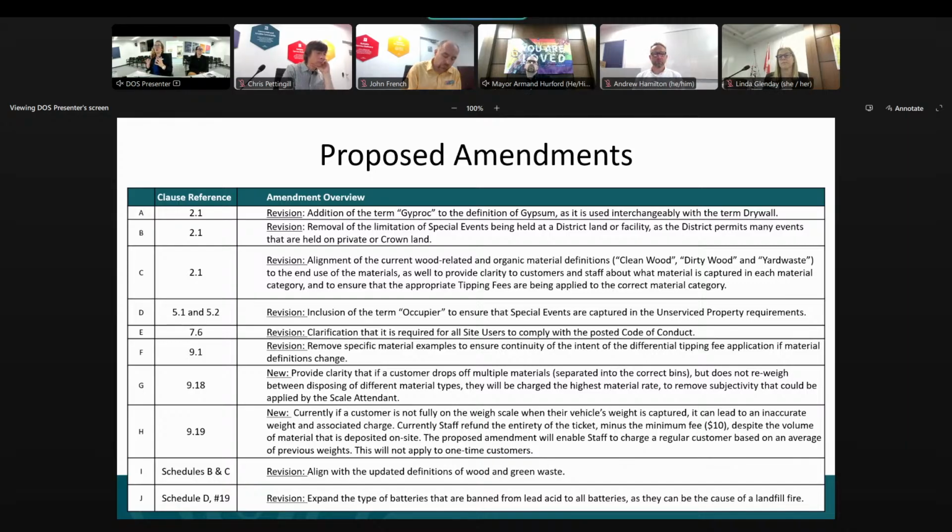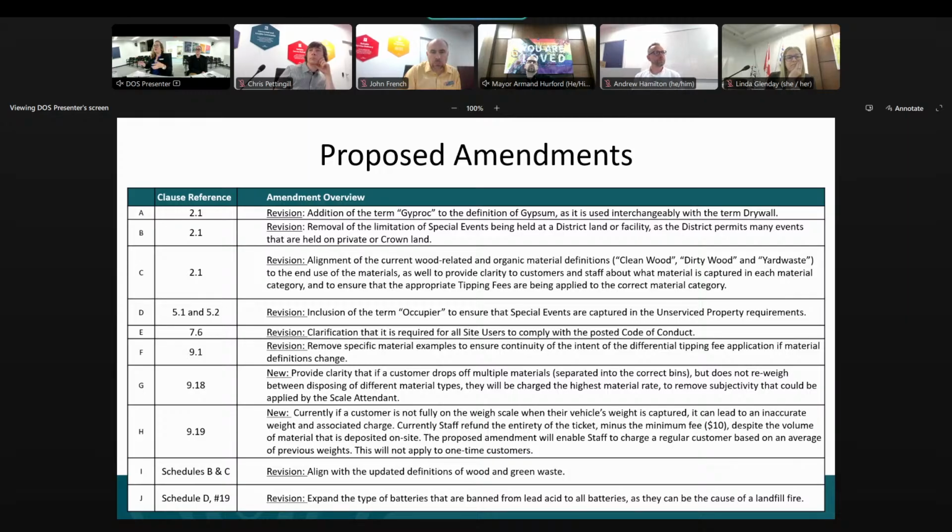And then again, as I mentioned, aligning those wood waste terms and definitions in the bylaw to ensure it meets what we're doing on site with the landfill. And then 5.1 and 5.2, so letter D on the screen, is inclusion of the word occupier to ensure that currently special events are captured under the term occupier in the solid waste utility bylaw.